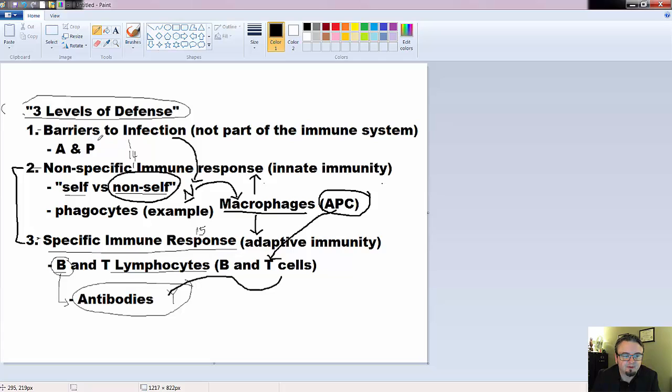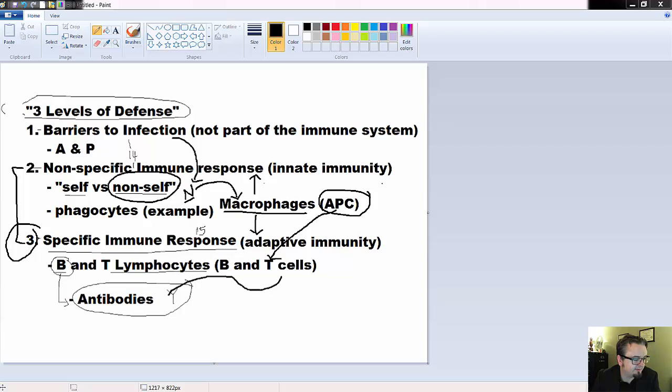So barriers fail, non-self is recognized, typically a neutrophil leads to the activation of a macrophage. And by the way, there's more things here. I'm summarizing. I'm not talking every detail. There's not always neutrophils that have to activate the macrophages, but that's a common way. Macrophages phagocytize, acting as an antigen presenting cell, carry the antigen to the T cells and the B cells, and that activates your third line of the immune system.